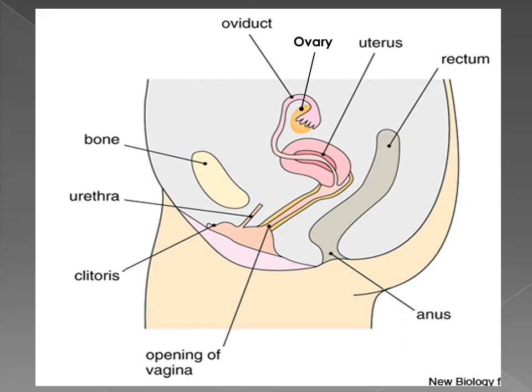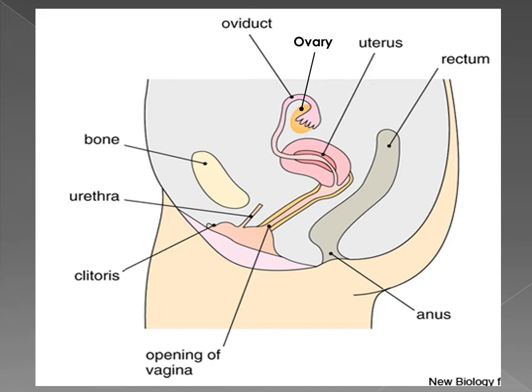The urethra, as you can see, is in a different place. It's not near the vagina, so it is before the vagina, and the anus is another opening at the end of the diagram over here.